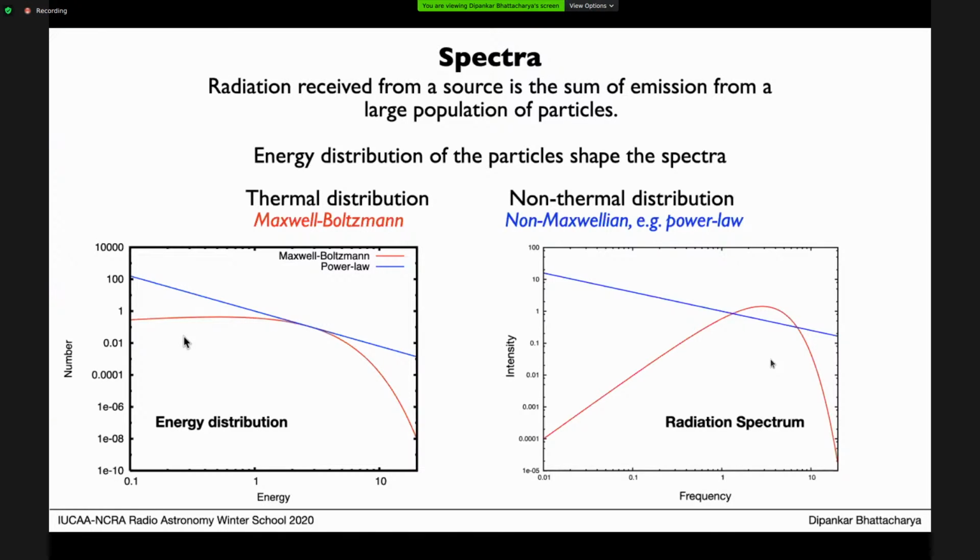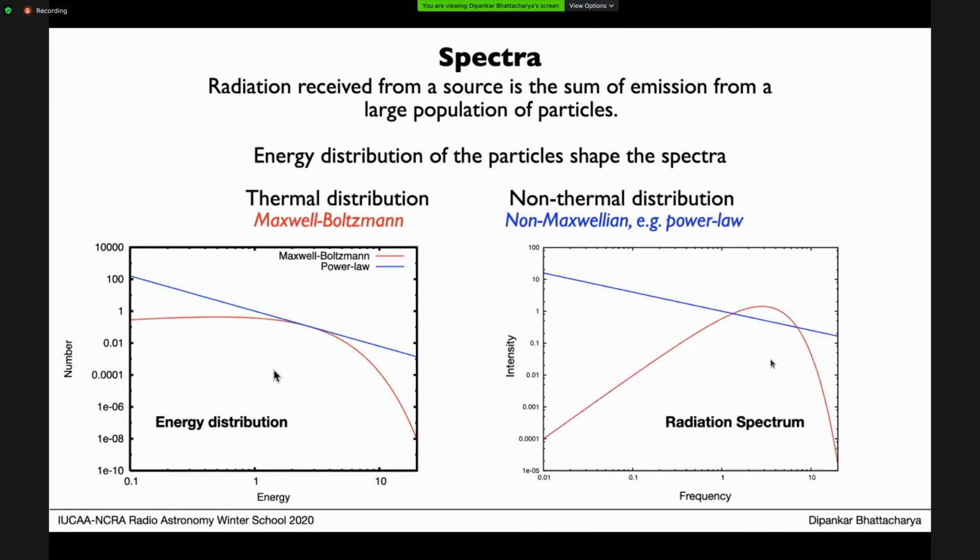One of the common examples of non-thermal distribution is a power law. Here, I have shown that in blue. Notice that the horizontal axis here is log of energy, and the vertical axis is log of number of particles. In such a diagram, a power law is a straight line, which is shown here in blue.